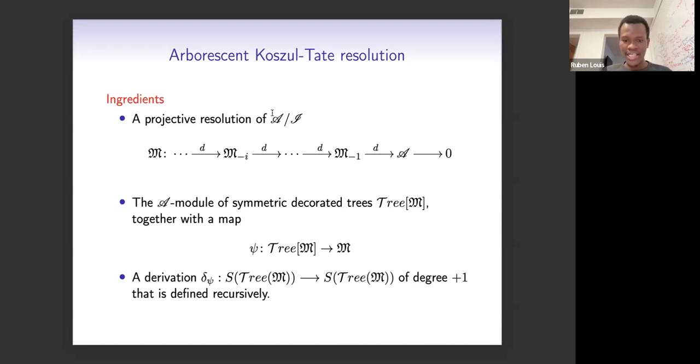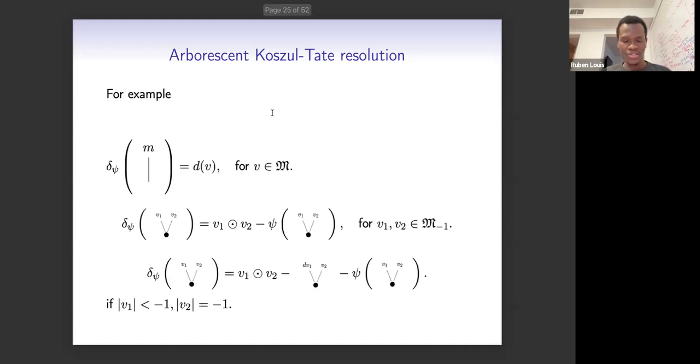So you need to say what it is on M. For example, if you apply this map on a tree with a single leaf, sorry, I put M here, but it's V, you get exactly dv, the differential of the positive resolution of your quotient A by I.